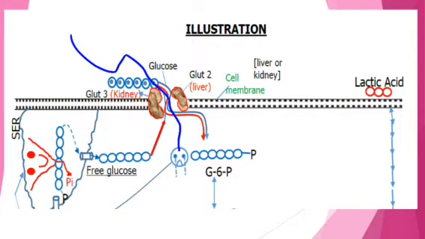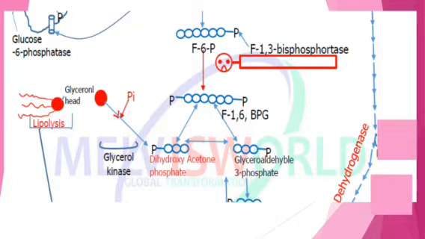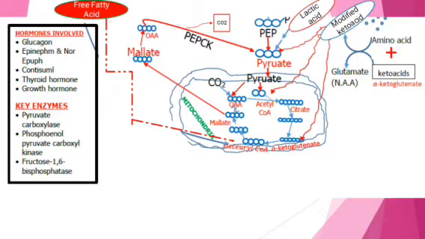In the kidney, GLUT3 is an example of a glucose transporter, and in the liver, GLUT2. On getting inside, after being phosphorylated by glucokinase or hexokinase, it proceeds down and down, all the way, and forms pyruvate.